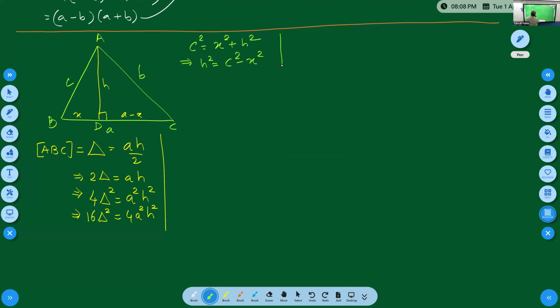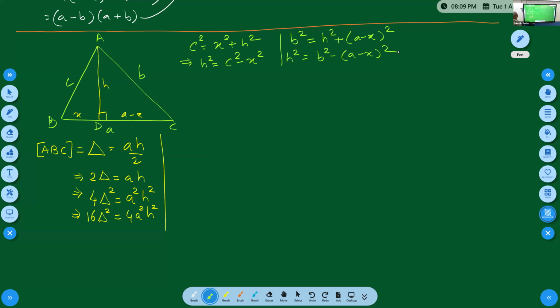Also, b square is equal to h square plus a minus x bracket square, which is h square is equal to b square minus a minus x bracket square.